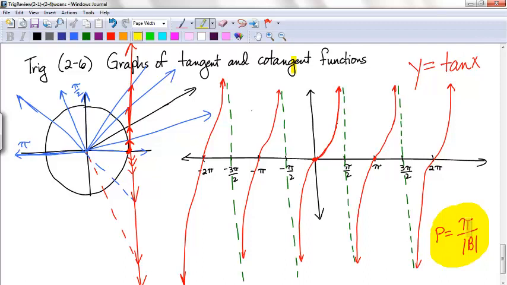Under the x scale, go to x scale, pi divided by 4. And they can change the window like 0 to 2 pi or whatever. Okay.